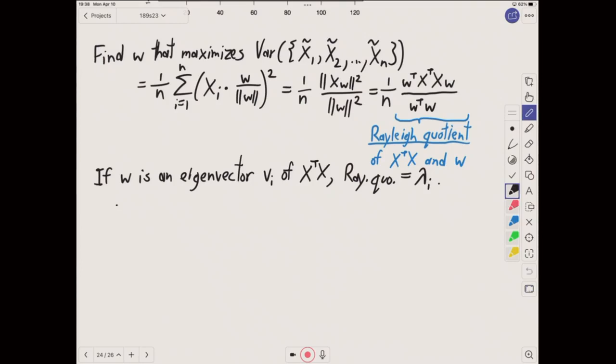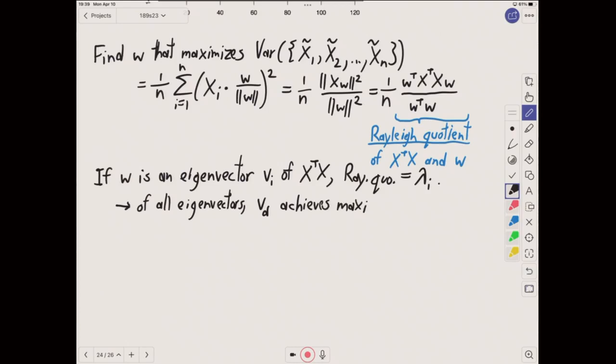So what this tells us is that if we restrict W to be one of the eigenvectors, and you want to maximize the Rayleigh quotient, then of course you choose v_d, because v_d has the biggest eigenvalue.